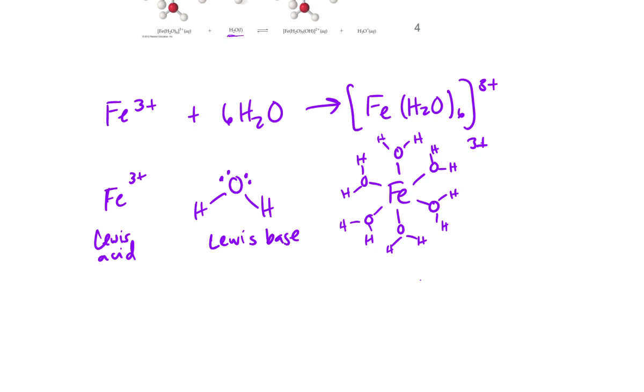Are Lewis acids and bases, as well as the other types, always going to be determined from the reactants? Yeah, all the different types of acids and bases are going to be determined by looking at what's reacting. The other thing you can do now is, we have this reaction, the iron 2+ in the water. If you were to look at that and use the Arrhenius definition or the Bronsted-Lowry definition, you wouldn't be able to tell that iron is acting as an acid.